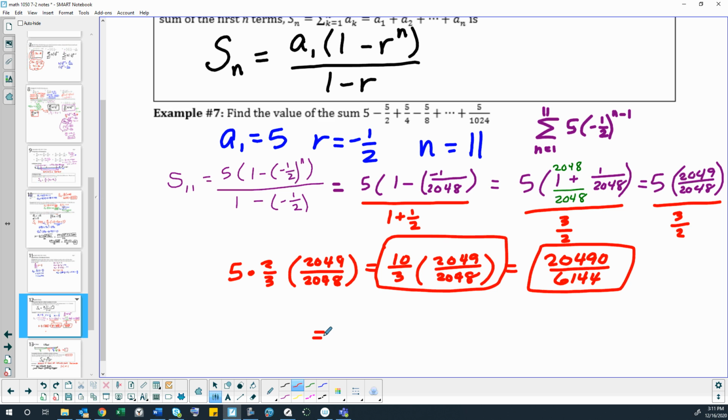You could use a calculator that actually does fractions for you. So divide that bottom number by 2, and I have 3072, leaving the top number, 20,490 divided by 2, as 10,245. So this one ends in 5, this one ends in 2. There's no way that that would reduce further.